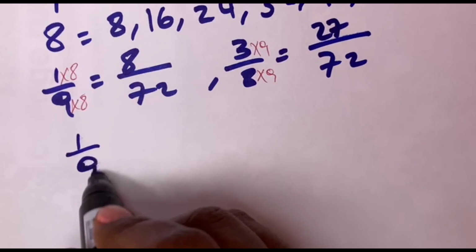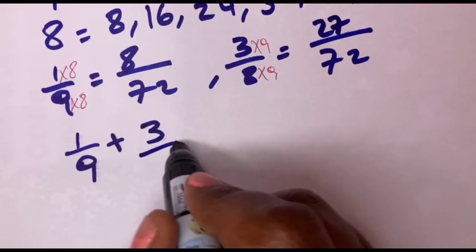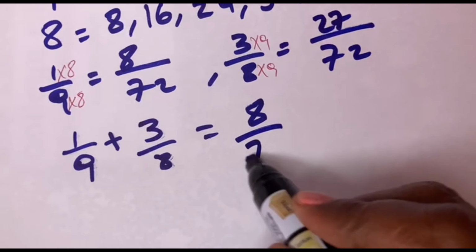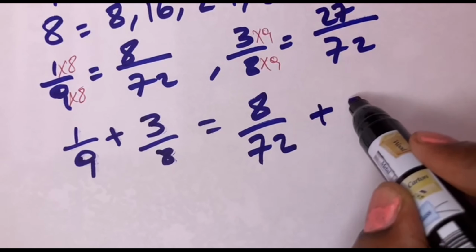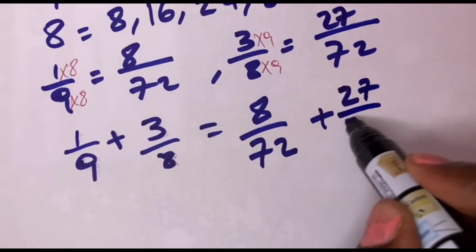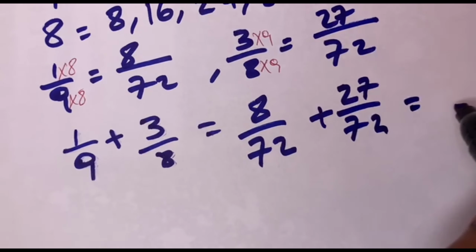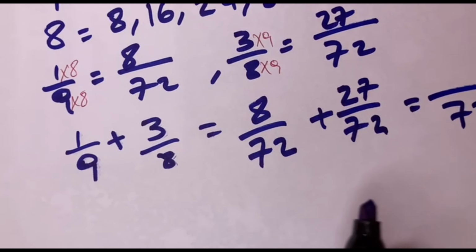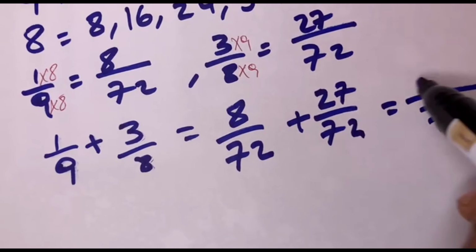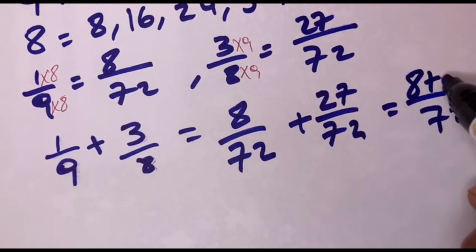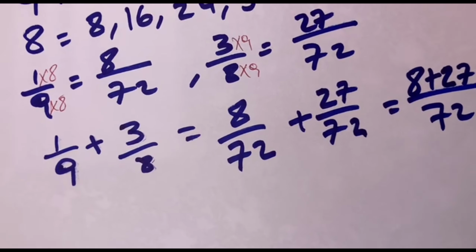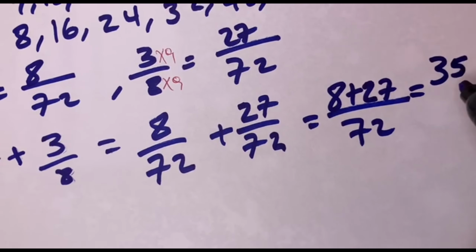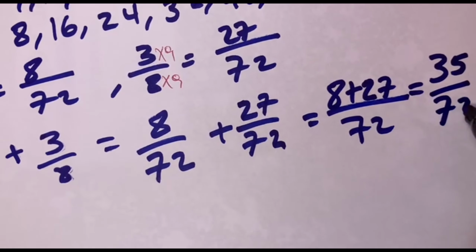So 1 over 9 plus 3 over 8 is the same as adding 8 over 72 plus 27 over 72. So take one of the denominators, which is 72, then add the numerators, 8 plus 27, which is 35 over 72.